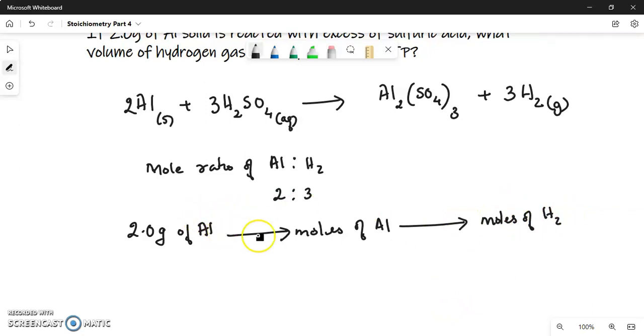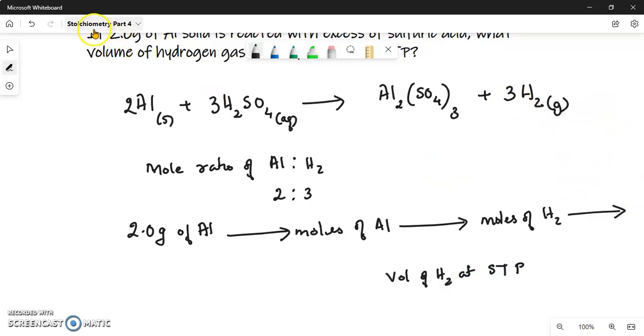So we convert it into moles of hydrogen produced, and then convert that into volume of hydrogen at STP. So these are the steps that you have to use.